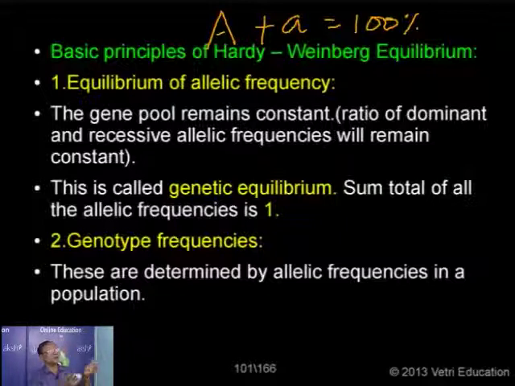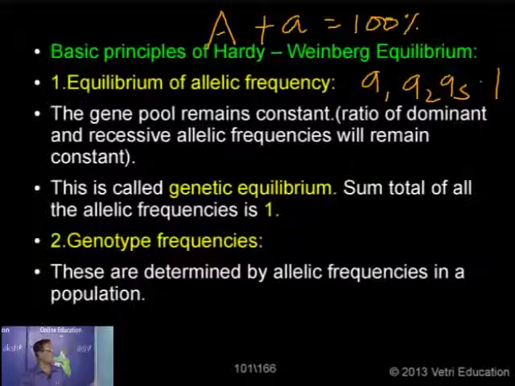Suppose you have more than two alleles, for example capital A, small a, and also A1, A2, A3 like that. The sum total of A, a, A1, A2, A3, all together, is equal to 1 in the case of multiple alleles.